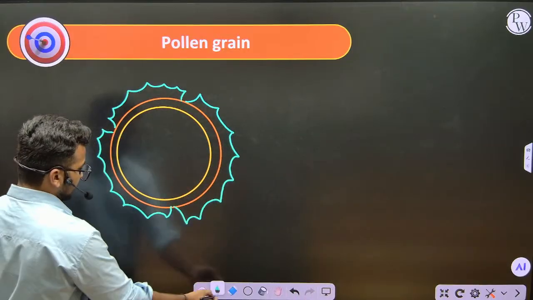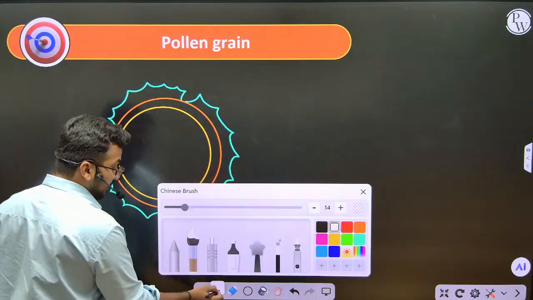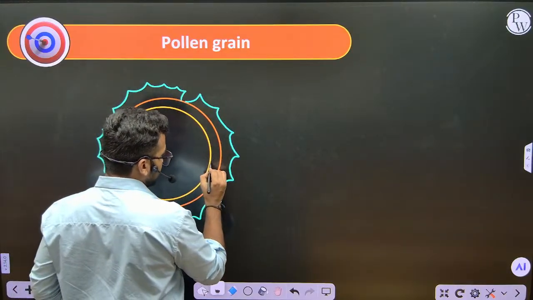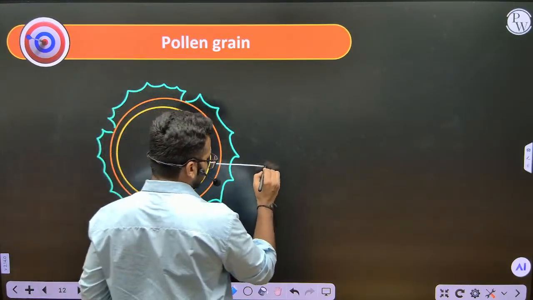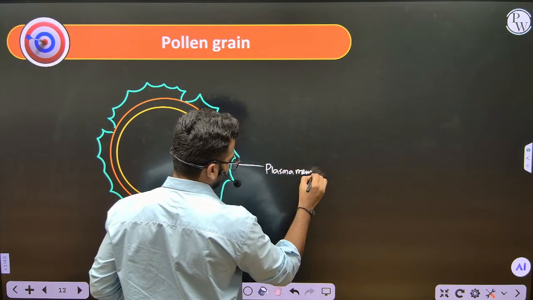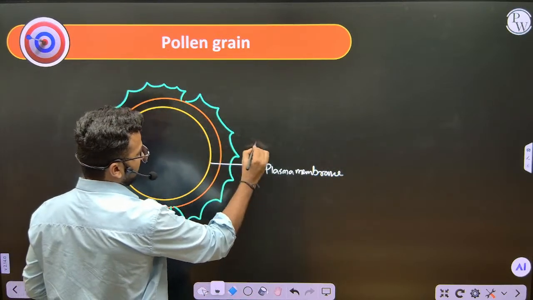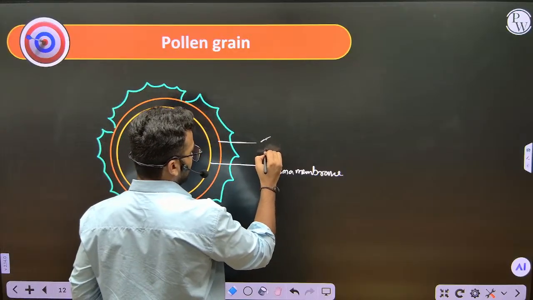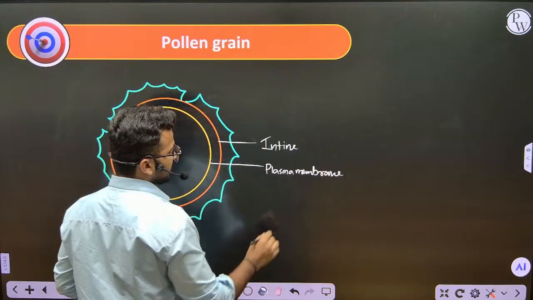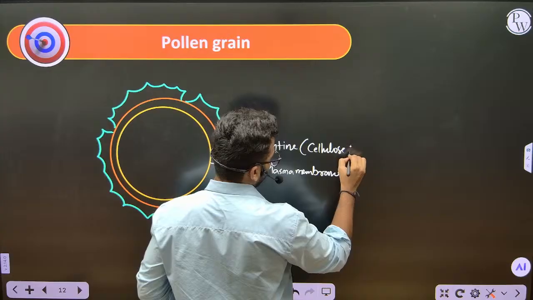Even the chemical composition differs. So we know that the innermost layer is the plasma membrane, and next to that is the cell wall, which in pollen grains we call the intine. So what does this intine comprise? Cellulose and pectin.